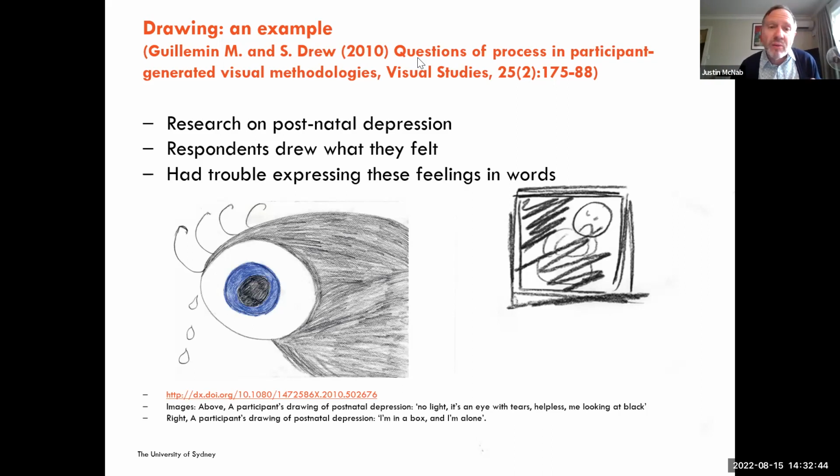In the drawing on the left here of the big eye with the blue center, the woman said the meaning she was portraying, how she felt, and what she couldn't or would have had difficulty expressing in words, was a feeling of no light, of helplessness, and a quote of me looking at black.